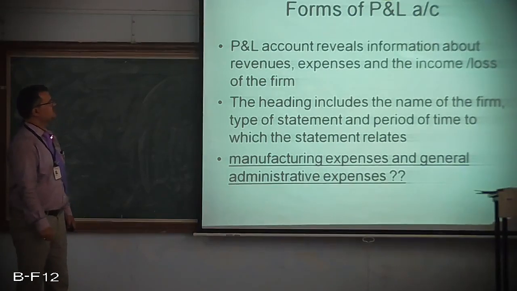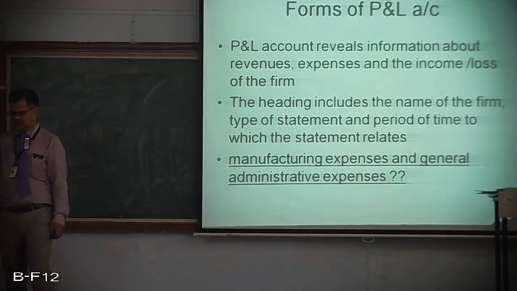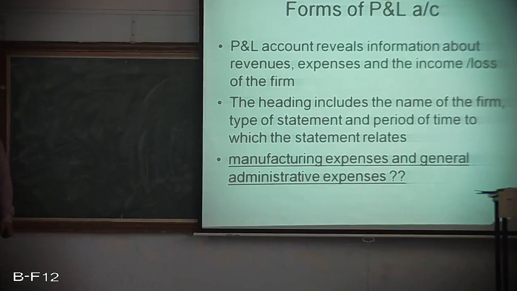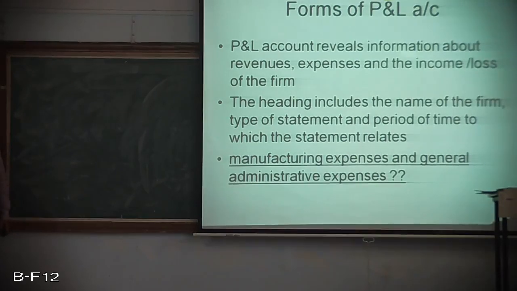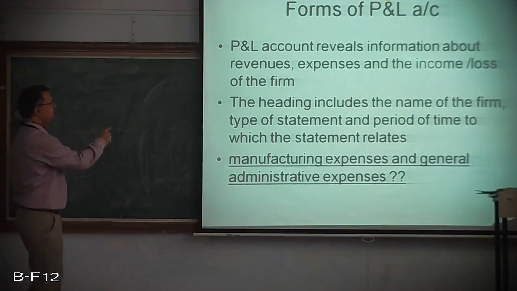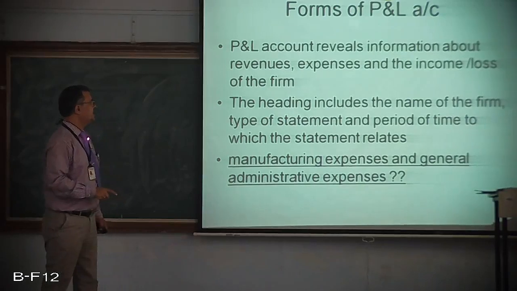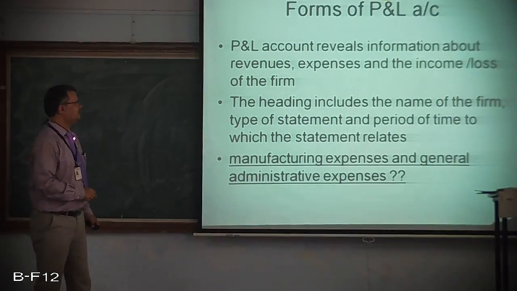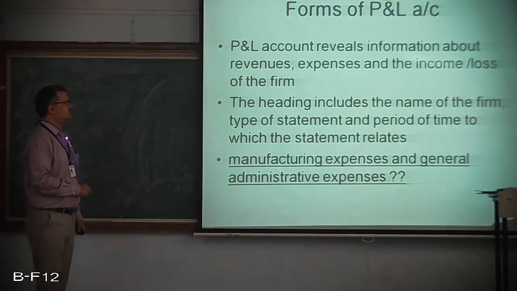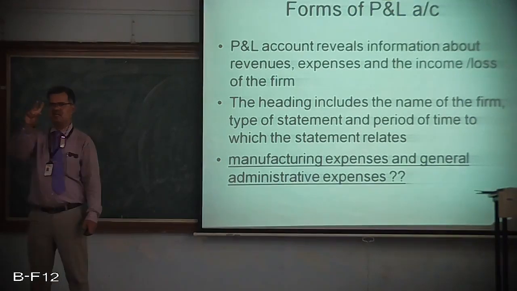Normally, when they prepare a P&L account, we provide the heading, for example, the P&L account for Voltas company or LG company. The heading includes the name of the firm, the type of statement, and the period of time to which the statement relates. We write three things here.